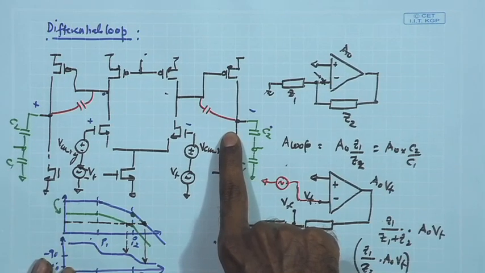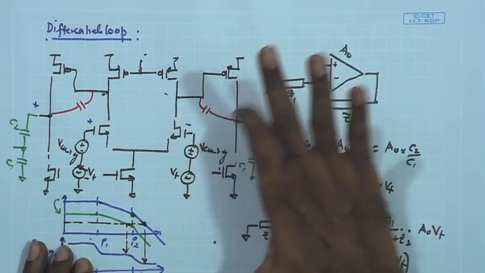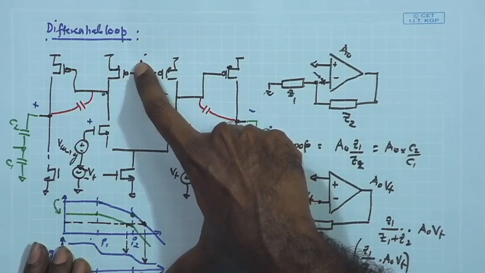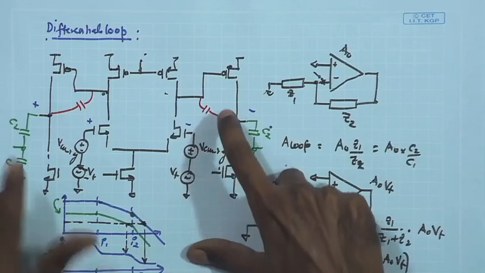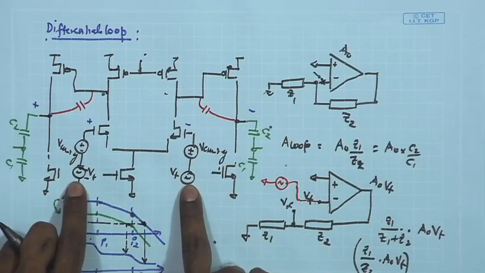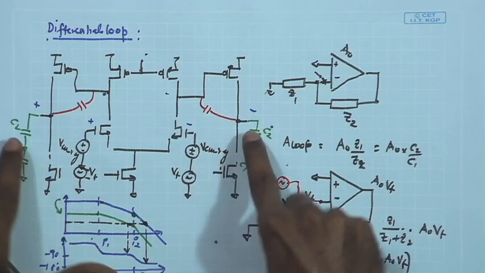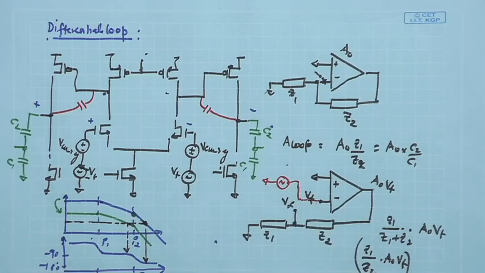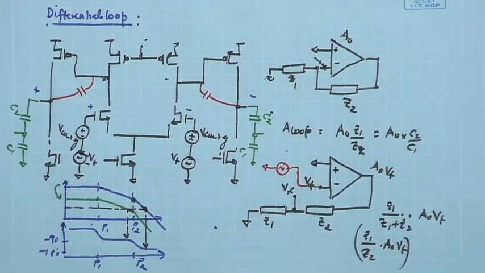If that assumption is true, I can just let the common mode feedback determine the DC bias point over here, and then apply the test signal plus minus Vt at this point, and look at the output potential signals coming at this particular point to observe my overall phase response for the open loop case.